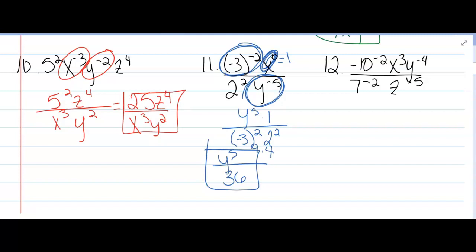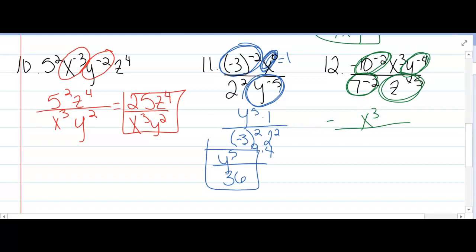I have a negative 10 to the negative second, but this time there's no parentheses there, which means when I'm circling the 10, I'm not going to circle the negative. It's not included. I'm also going to circle the y, and I'm going to circle the 7, and I'm going to circle the z. So I didn't circle the x cubed, so we're going to leave the x cubed. I also didn't circle the negative, so we're going to leave the negative, but everything else needs to move.